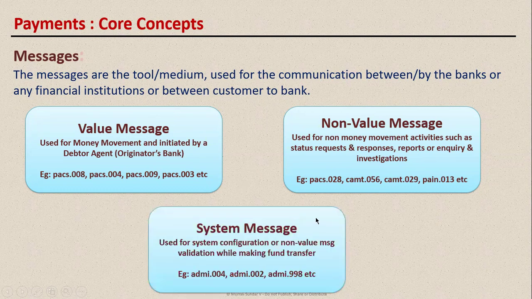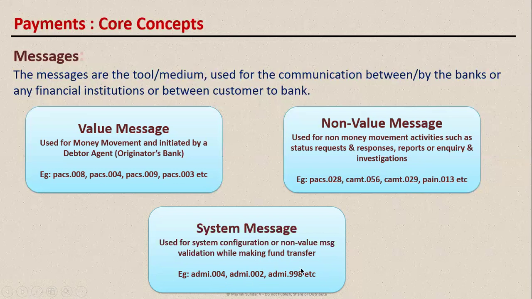Next, in general, we have system messages. System messages are for configuration. Whenever we send a non-value message, not every system will validate those messages, but some systems do. In the US, we have FedNow and Fedwire, which also validate the non-value messages. For those purposes, we have system messages like admi.004, admi.002, something like that.